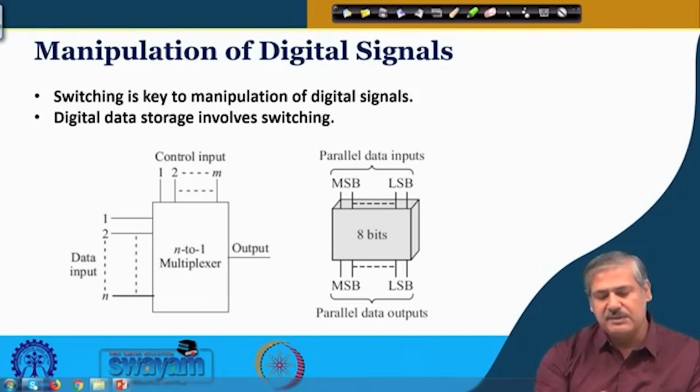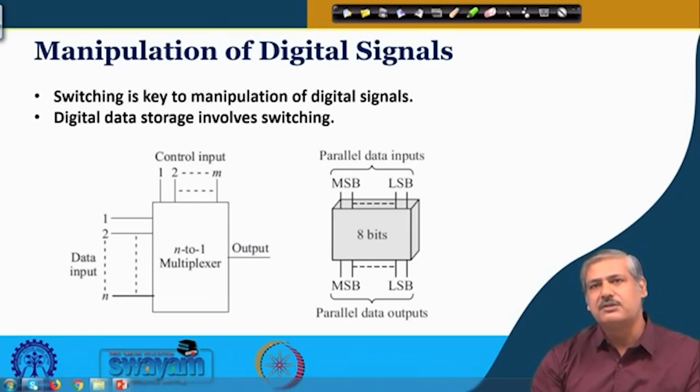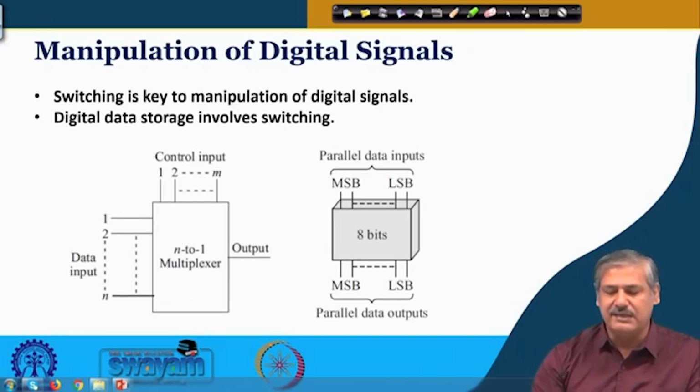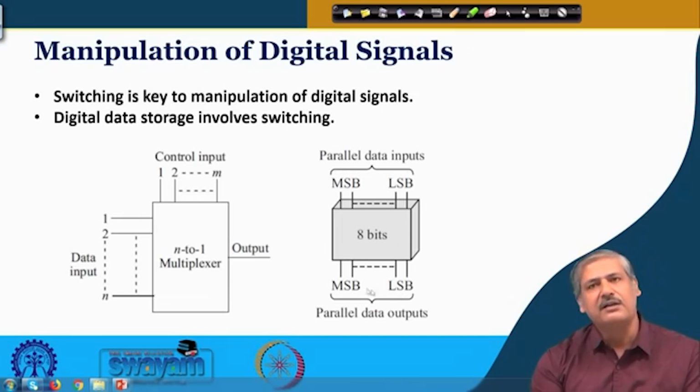The other thing is the data, that is, the storage of data that we have told. So, this is what you can see, an 8-bit data storage unit, which could be made up of, say, flip flops. Okay. What that flip flop is and all those things we shall see later. So, there are parallel data inputs and parallel data outputs.